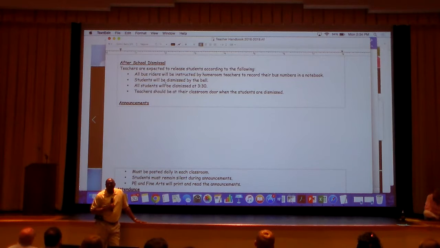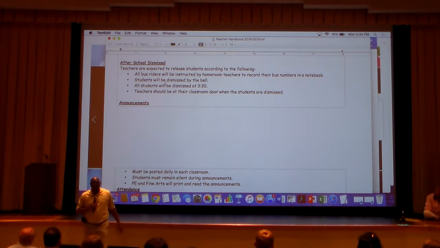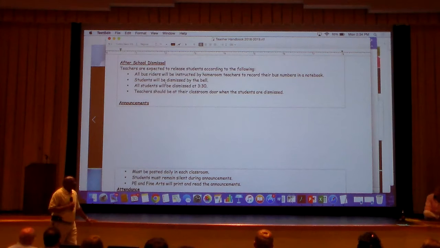So you need to establish that day one. They need to stay seated. And if we're doing our formatives, that's probably going to take you on out anyway. So please don't let them just line up at the door, because they're going to start packing up on you earlier and earlier and earlier. They're dismissed by the bell. They don't just leave out of class.